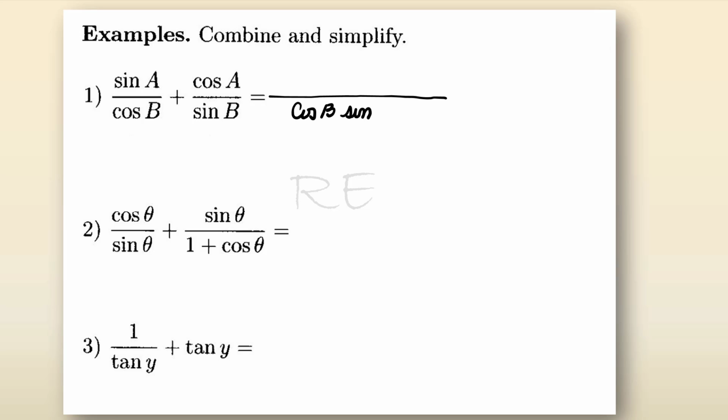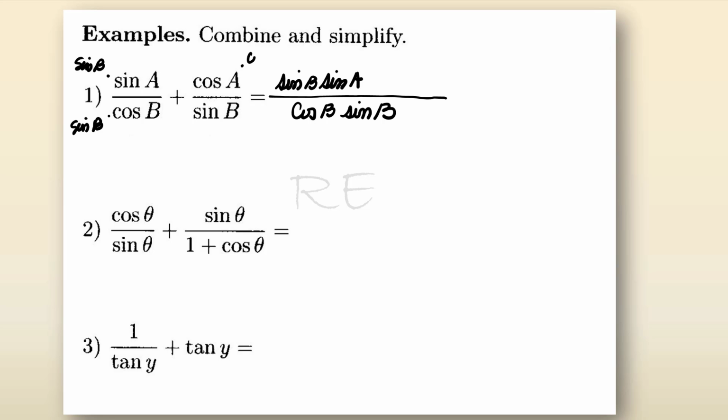Therefore, the common denominator is cosine B times sine B. The first fraction needs to be multiplied by sine B over sine B. So we get sine B times sine B, and then sine B cosine B as the denominator.